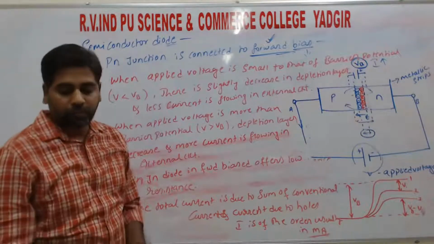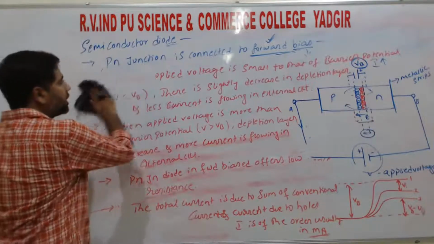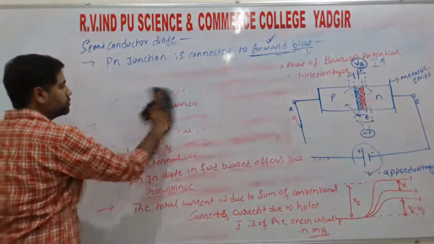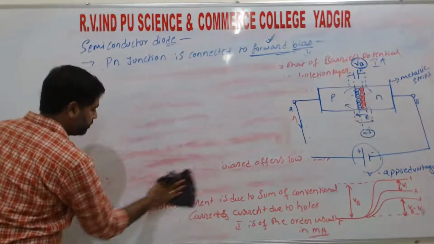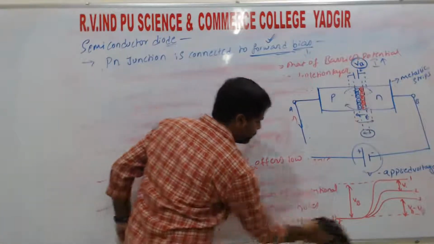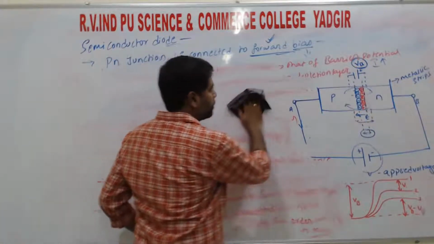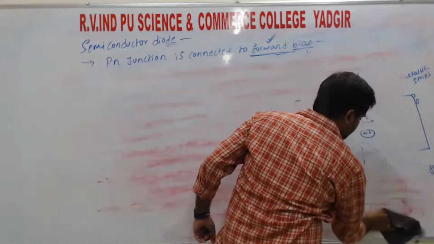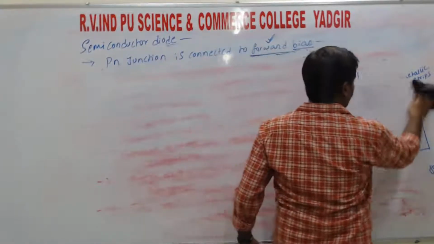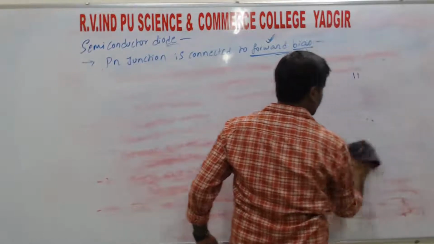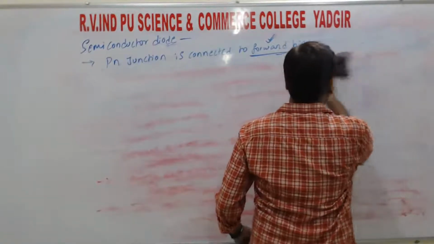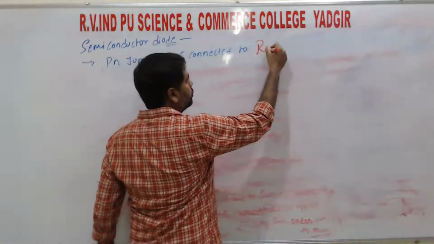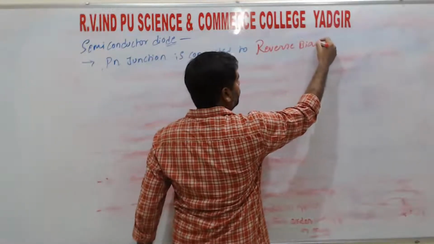So next is when the PN junction is connected to reverse bias.